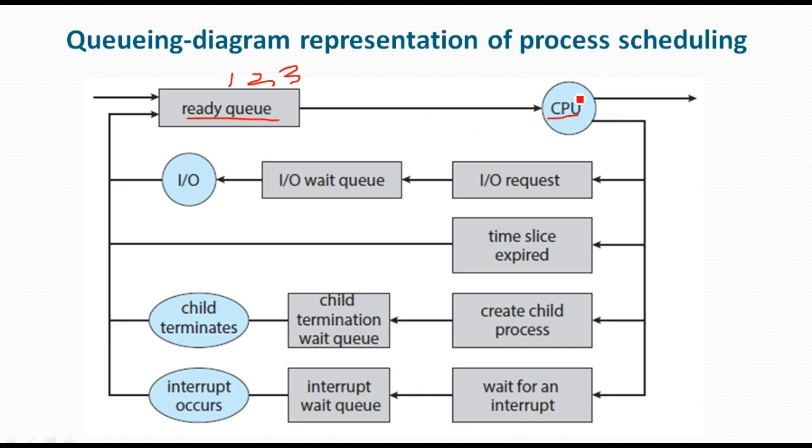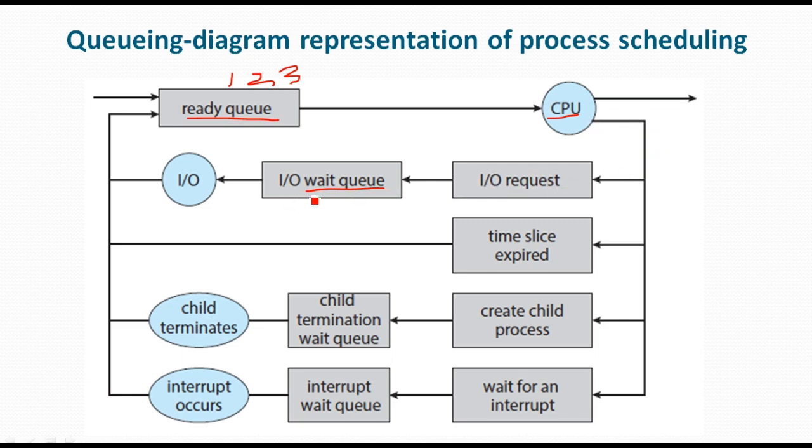Once these three processes get into the CPU, any process which wants to perform some IO operation will be put into the wait queue.